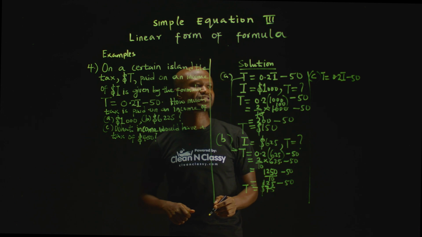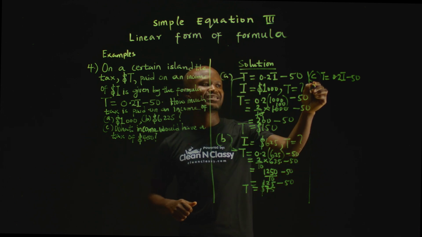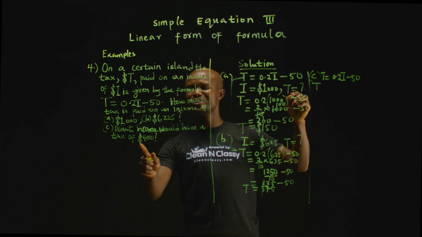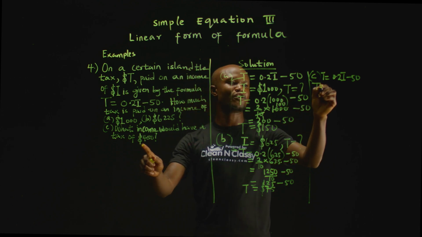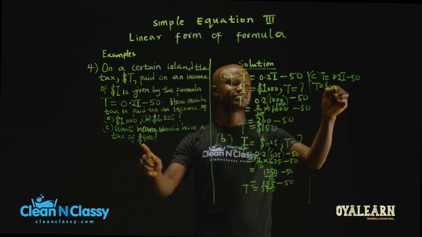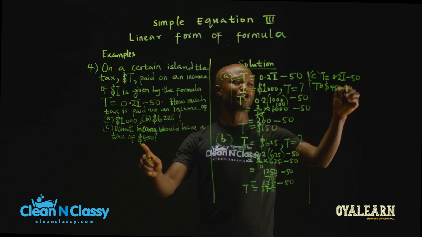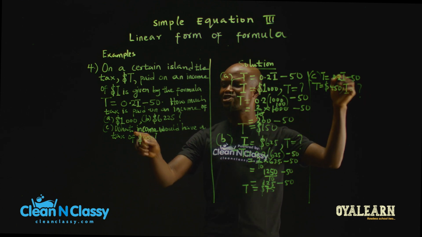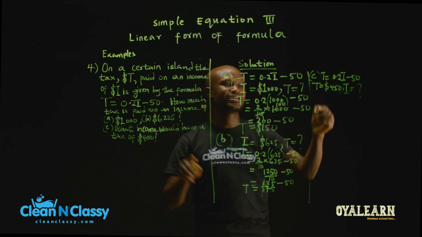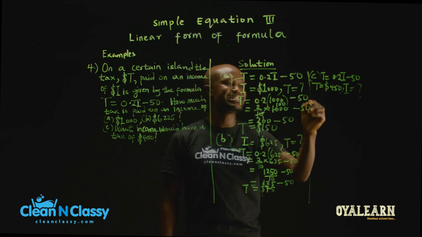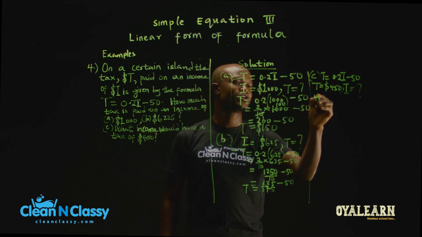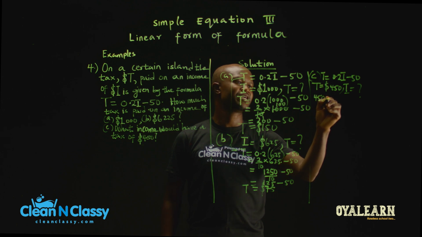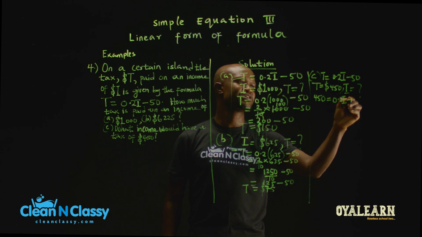We are now given T, which is the tax here, 450, but we don't know the income. We are asked to find the income, that is I. So anywhere we see T here, we put 450. So we have 450 equals 0.2I minus 50.